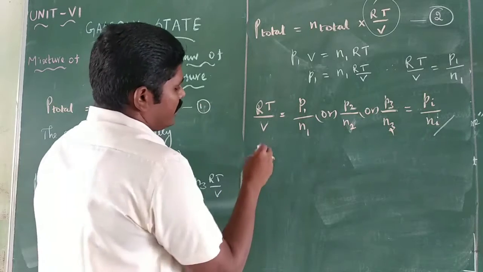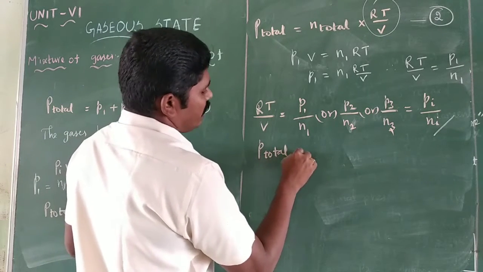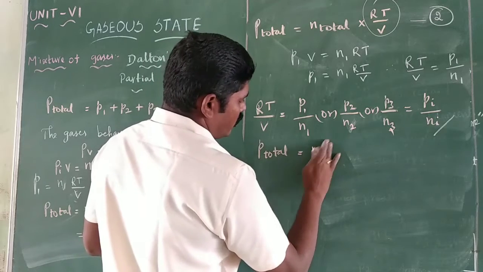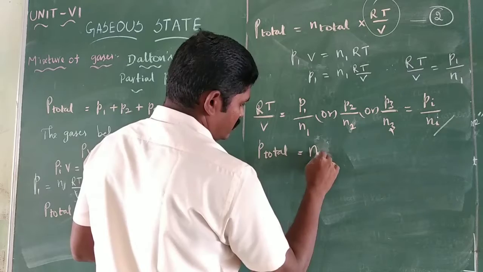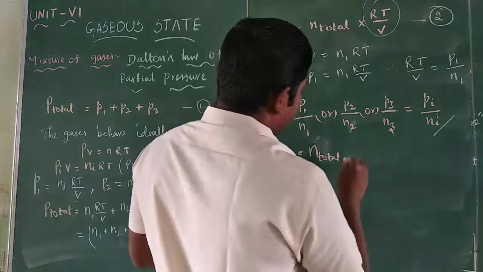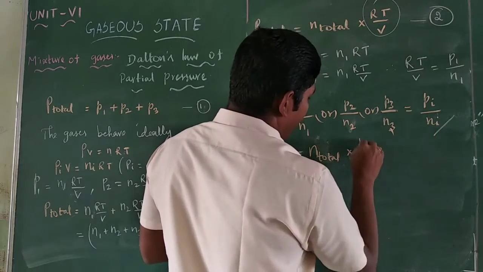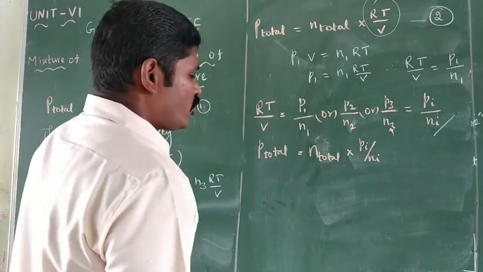So P total is equal to N total into Pi by Ni. Right?